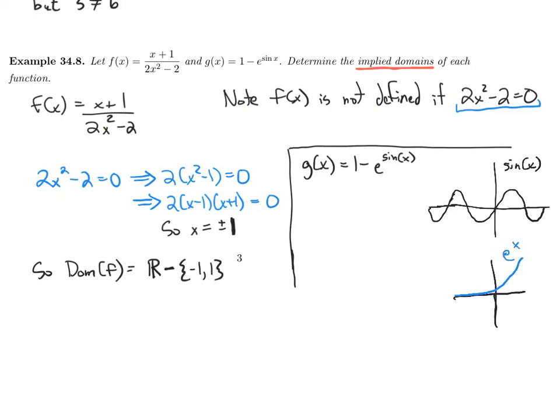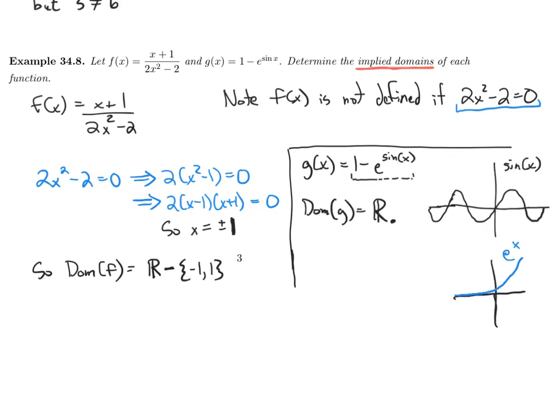So you can plug in any number into e to the x and you'll get some output. There's no place where either of these functions is not defined. So this guy is for sure going to be defined for all x. So its domain is just all the real numbers.